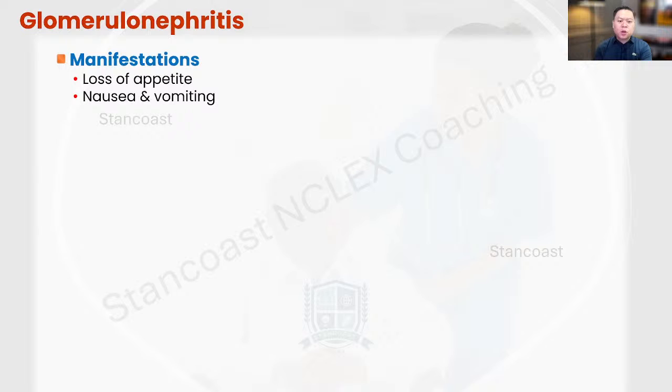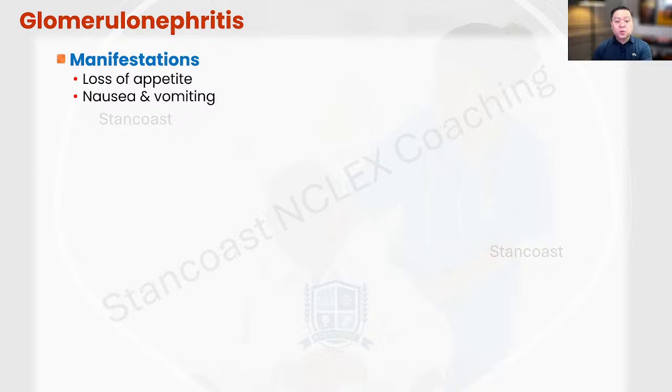Because the kidneys are no longer able to filter those uremic toxins, and they're going to upset the stomach and also reduce the appetite. Since we know that it can cross the blood-brain barrier, right? It will cause that anorexia, and the person will also have nausea and vomiting.